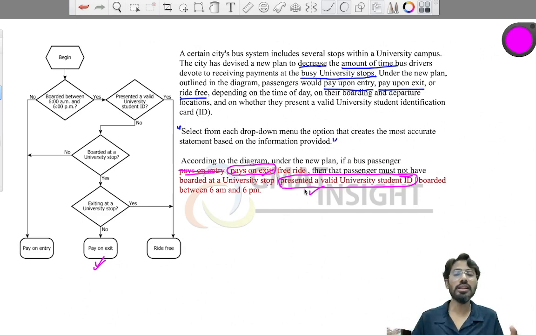For example, even when I solved this question, I possibly looked at this flowchart twice or thrice, but I just had in mind broadly when exactly someone rides free, when someone pays on exit, and when someone pays on entry. But still, to be very specific to answer the question, I had to read it more than one time. So that's absolutely fine. You just have to give appropriate time, and these questions are always doable.